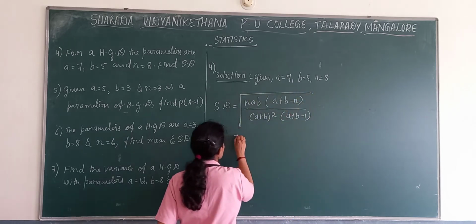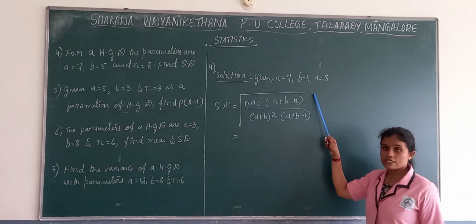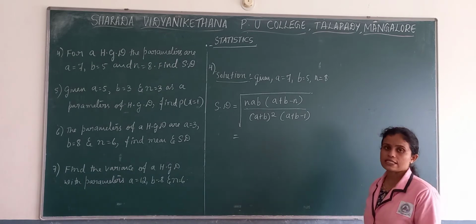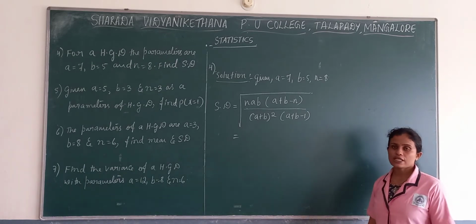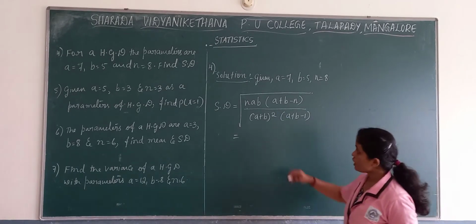If we do not consider the root here, that will be the formula for variance, and the root of variance we call standard deviation. Now substitute into this particular formula.